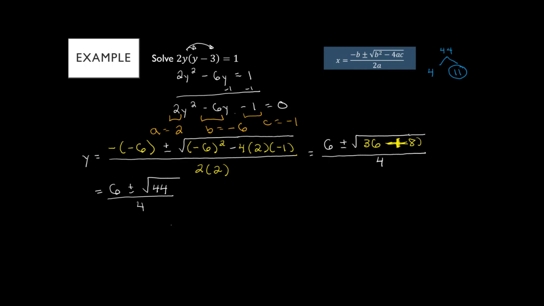We can take the square root of 4, so we can also turn that into 2 times 2, which are prime numbers. So what I'm going to do is rewrite the square root of 44 as the square root of 2 squared times 11. So I have two 2's and then the 11.